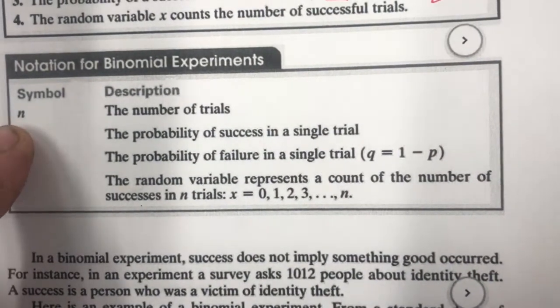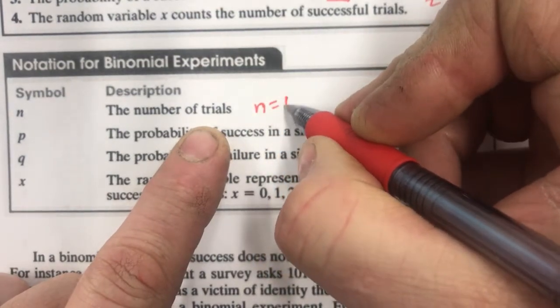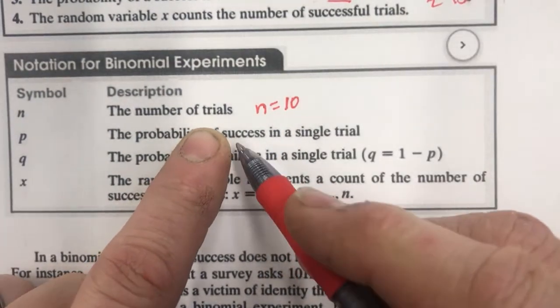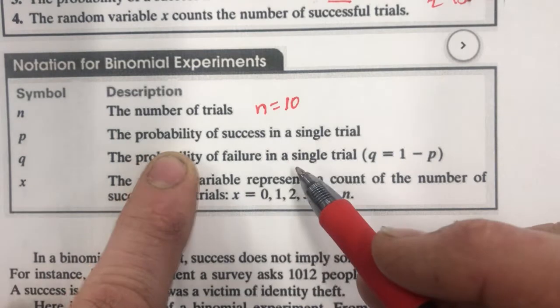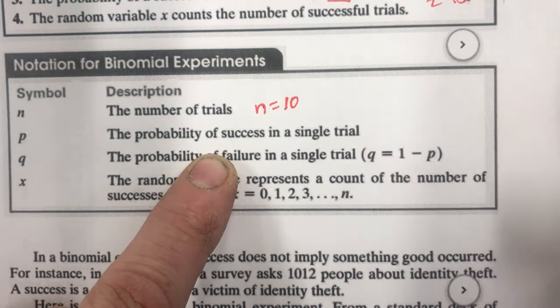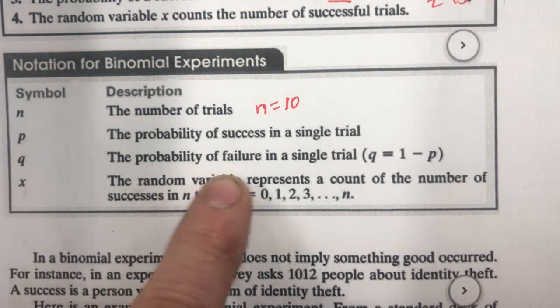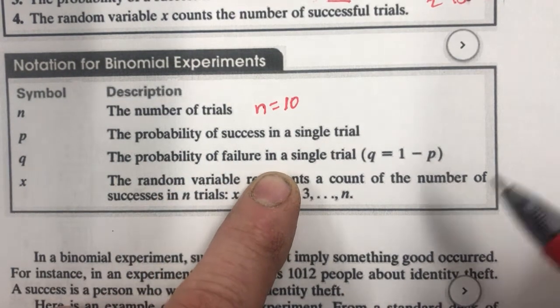And here's the notation that we're going to use. n is the number of trials. So like I just said, suppose n was 10. p is the probability of success in a single try, so the probability that you hit the free throw. q is the probability that you fail, that you don't hit the free throw.